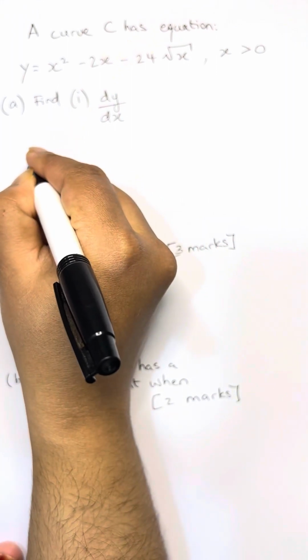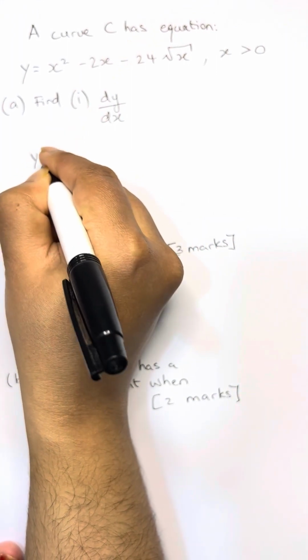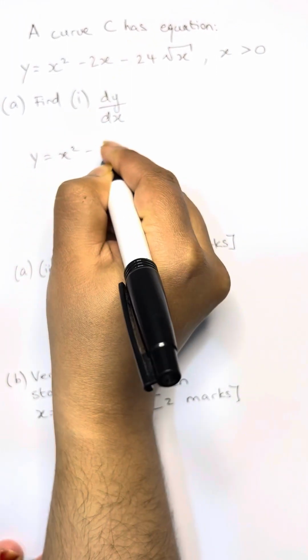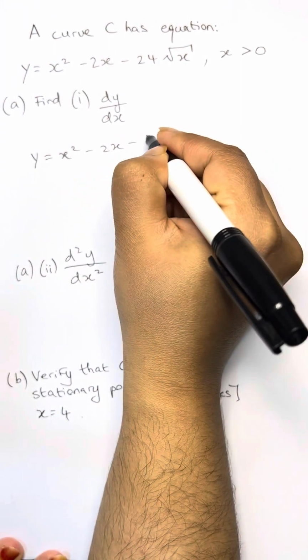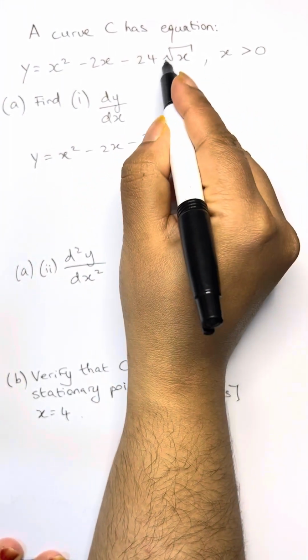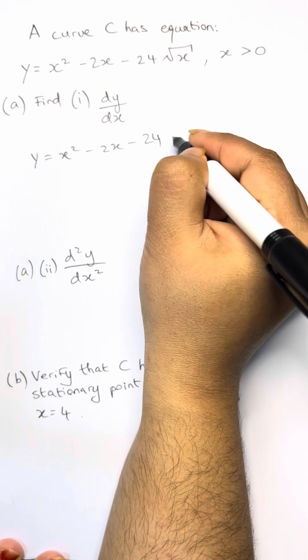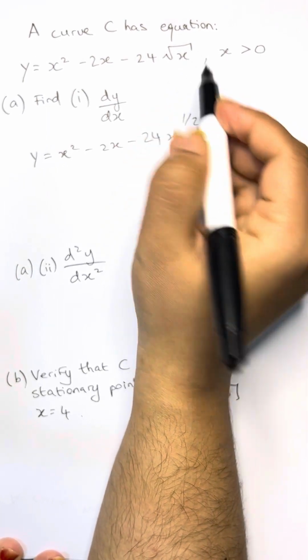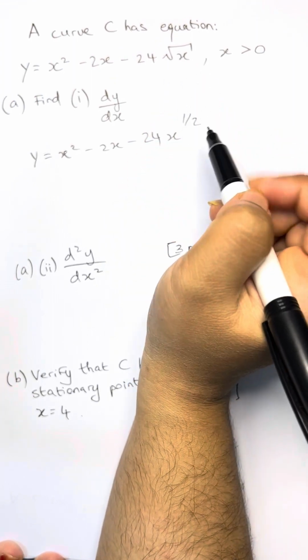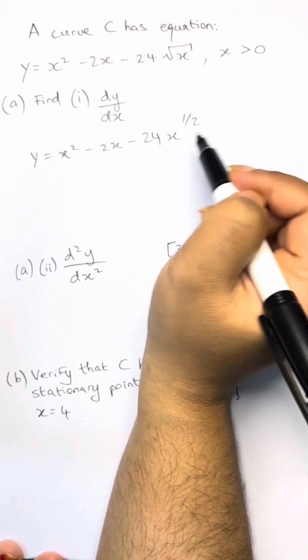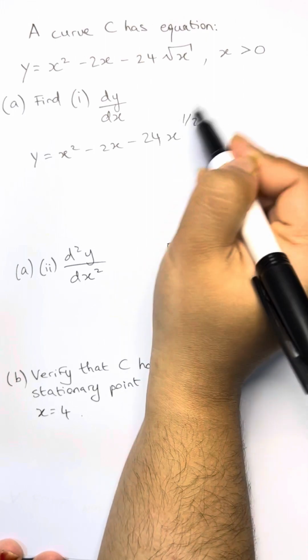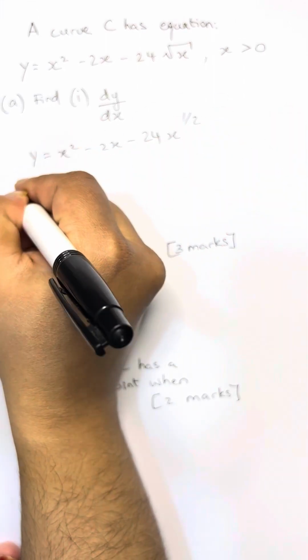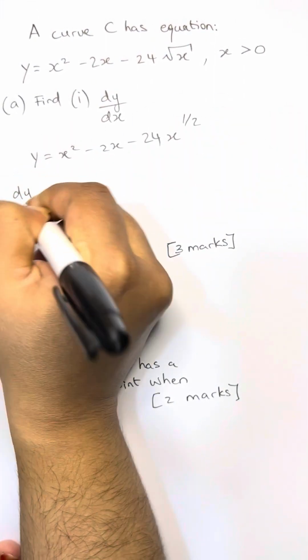So I'm going to rewrite the equation y equals x squared minus 2x minus 24. Instead of the square root, I'm going to write it as x to the power of a half, because mind you, in order to turn the square root into an exponent, you just need to halve it. Okay, now we can do the dy by dx.